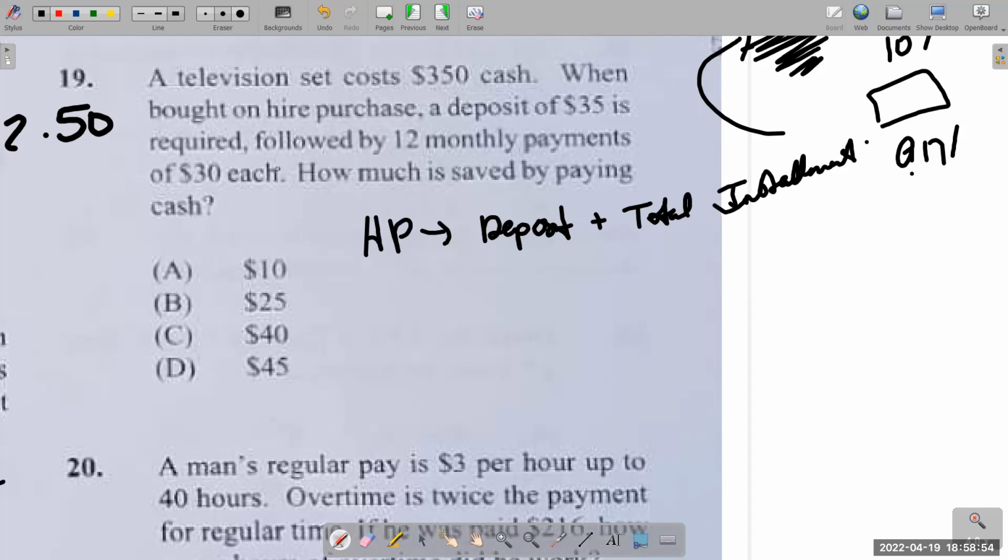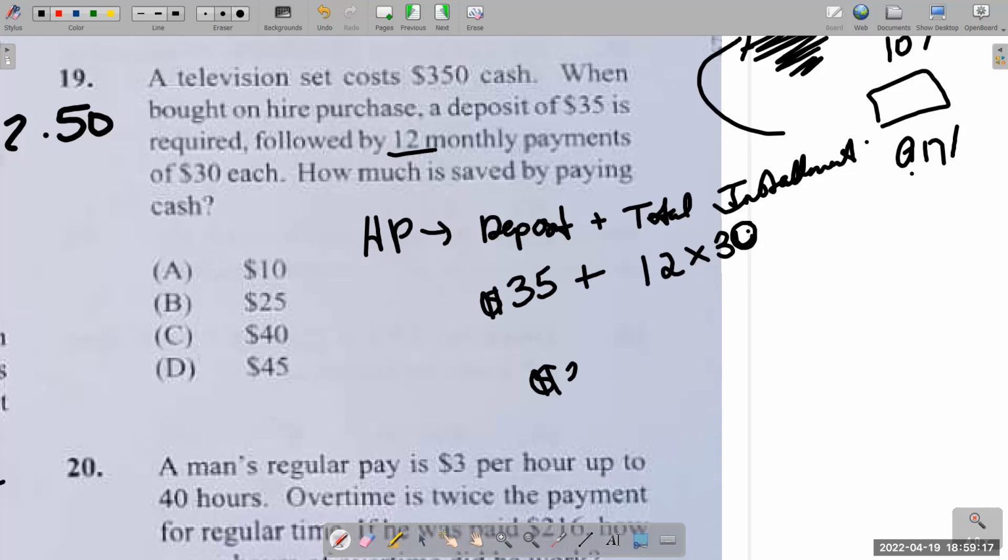So let's go. When bought on hire purchase, a deposit is $35. Okay, so we know we have to add that because that's the down payment. And 12 monthly payments of $30 each. So what is our total installments? Our total installments is 12 times 30 because we paid $30 12 times for 12 months.